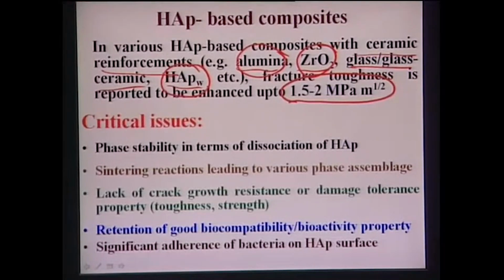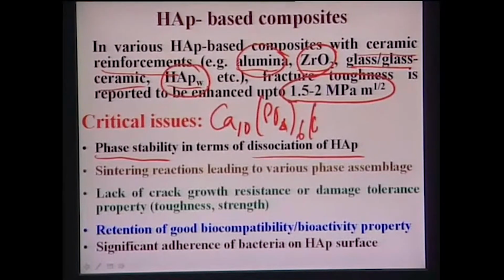The first one is the phase stability in terms of the dissociation of hydroxyapatite. Now, hydroxyapatite, as you know, has the formula Ca10(PO4)6(OH)2. Now, this can be transformed to Ca3(PO4)2, which is called tricalcium phosphate, popularly known as TCP.